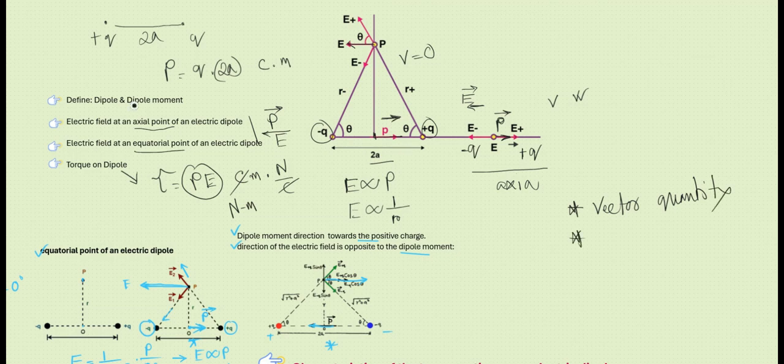And of course the direction of the dipole moment is always from the negative charge to the positive charge. And the electric field for axial is equal to 2 times that of the equatorial axis.